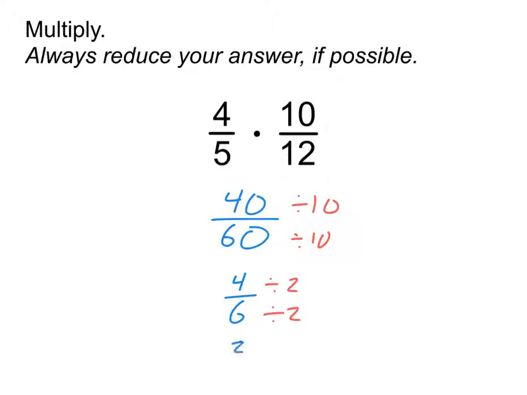And so you end up getting a final answer of 2/3. And yes, that is what we're looking for as a final answer there. So from now on, any time you see a fraction, if you can reduce it, you need to reduce it. And yes, some of you might have seen that at this step, you could have just divided top and bottom by 20. That's a great way to do it.